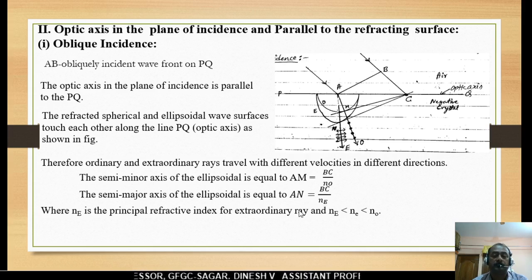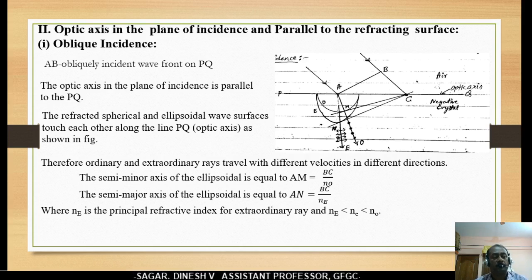Here NE stands for the principal refractive index for the extraordinary ray. Hence, we conclude that the principal refractive index for the extraordinary ray is less than the refractive index of the ordinary ray.